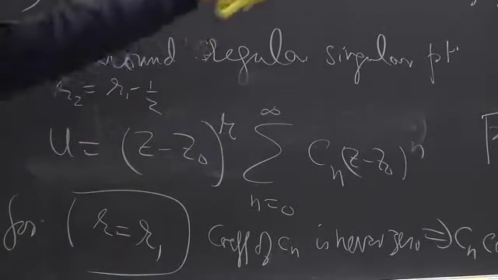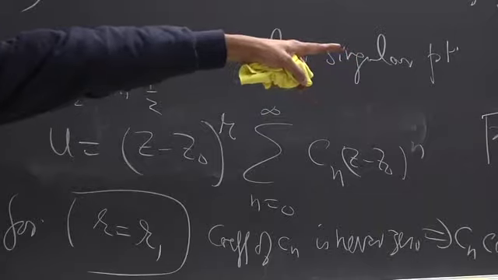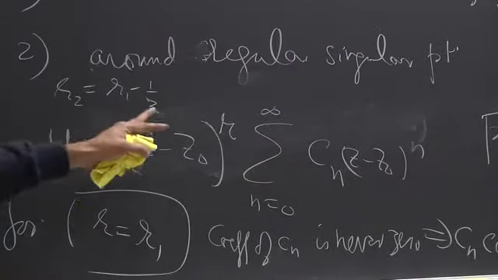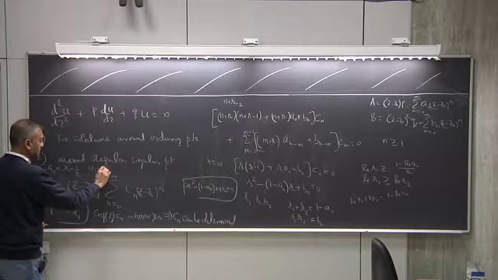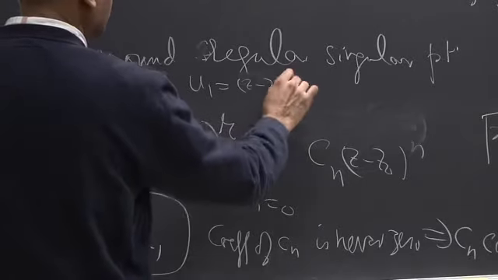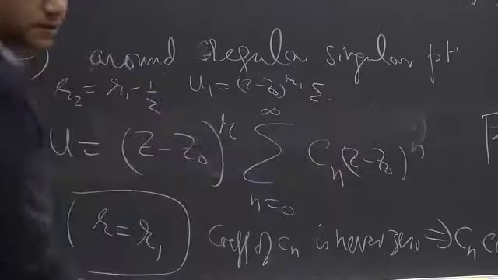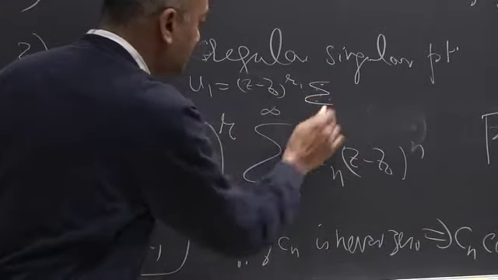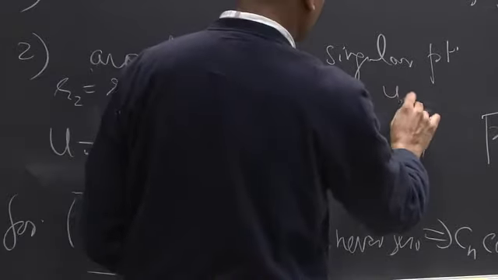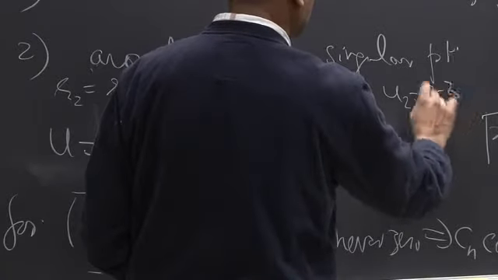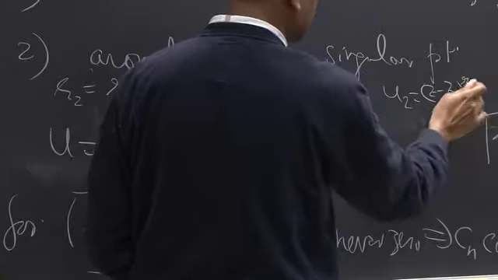In this case, r2 will also give you another solution, because the difference is not an integer. So now you have two solutions. One, u1, which starts with z minus z0 to the power of r1 times a series solution with integer power differences. And another solution, u2, which starts with z minus z0 to the power of r2, which is r1 minus half.